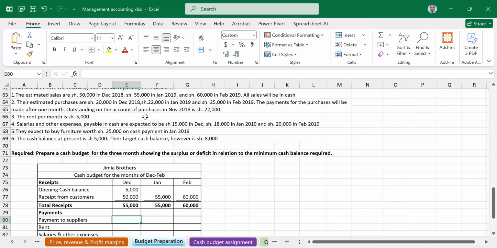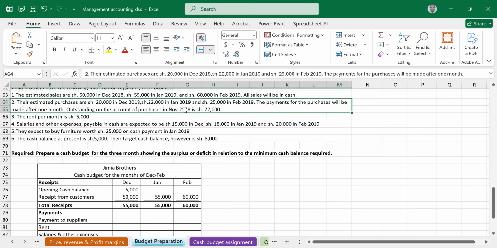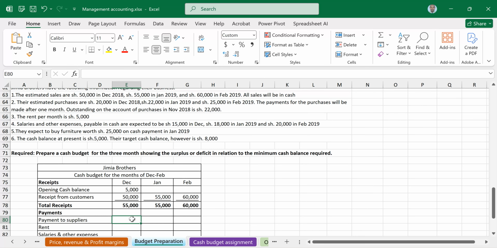The outstanding on the account for purchases in November 2018 was 22,000. This 22,000 for November 2018 is the one that will be paid in December 2018 because they said payments for purchases are made after 1 month. So payment here will be equal sign 22,000, the one for November 2018.